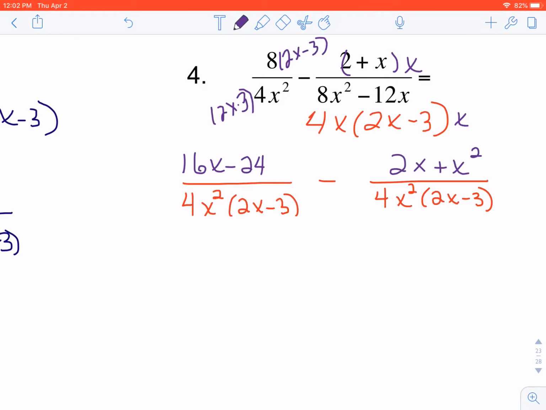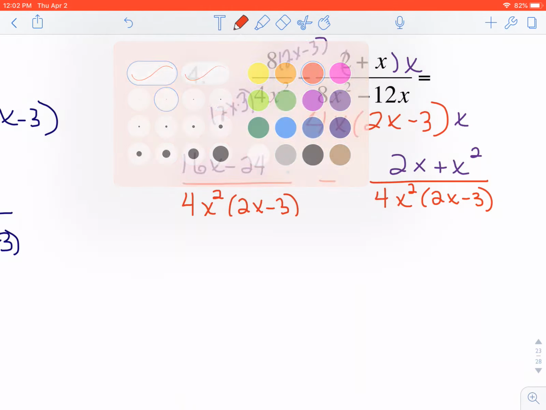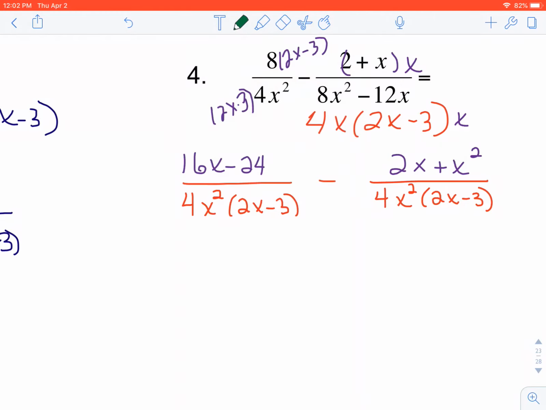Alright, the last thing, we have the common denominator. We need to do a little bit of subtracting. Make sure that subtraction sign gets applied to both parts of that second fraction. You're subtracting that entire numerator. So we have a 16x minus a 2x. We have a negative 24.